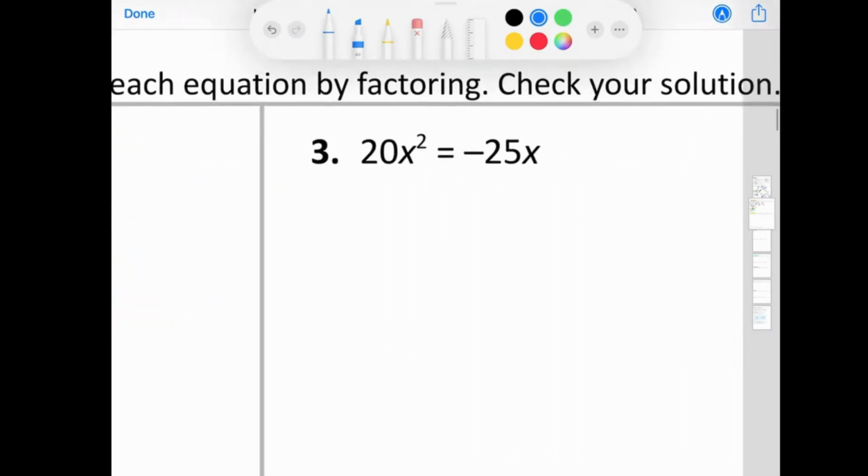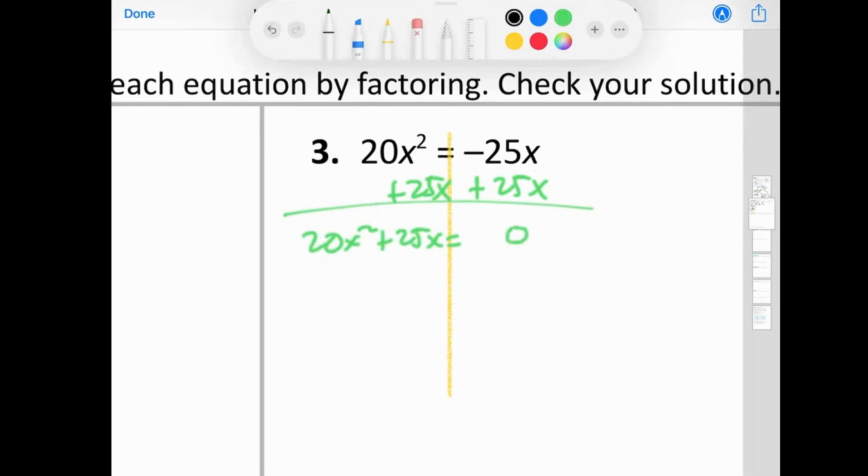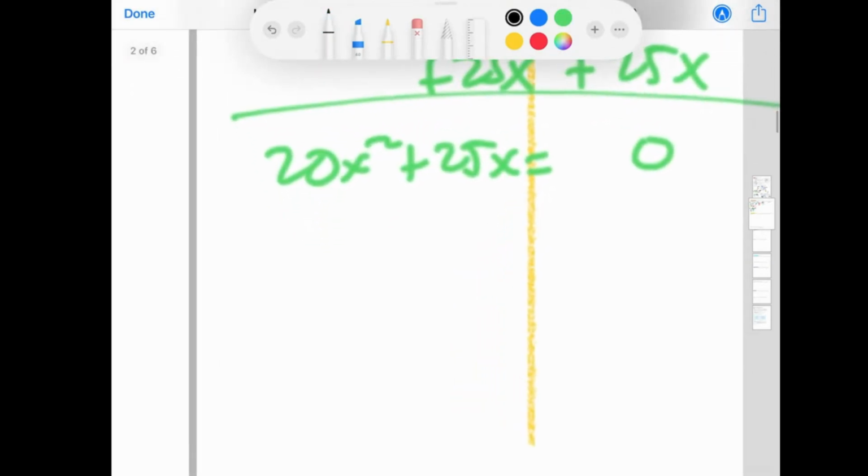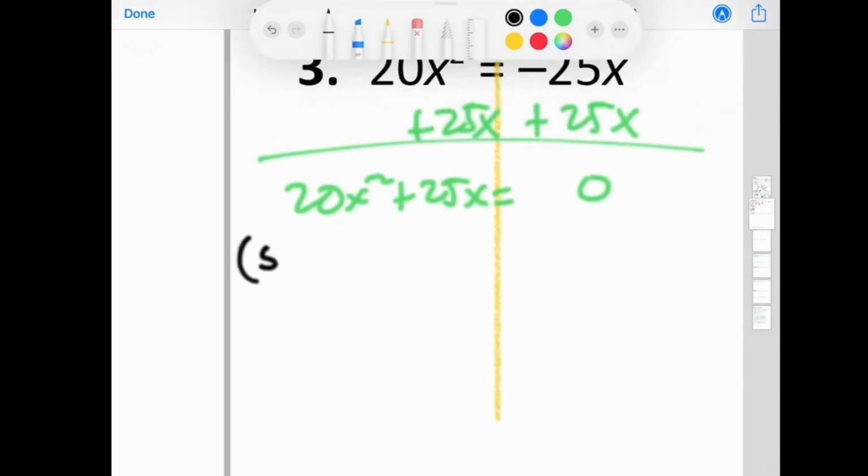And question number 3. Add 25x. I'm going to take out my greatest common factor. Remember, a strategy of doing that, you can break them up into your factors.